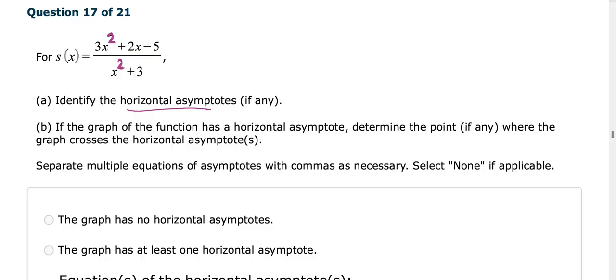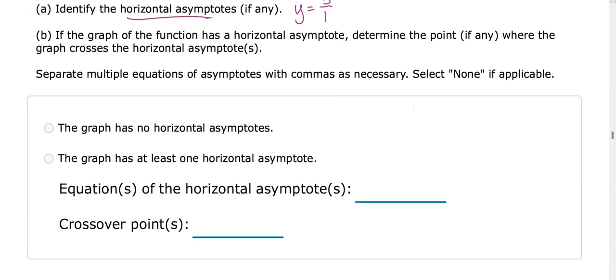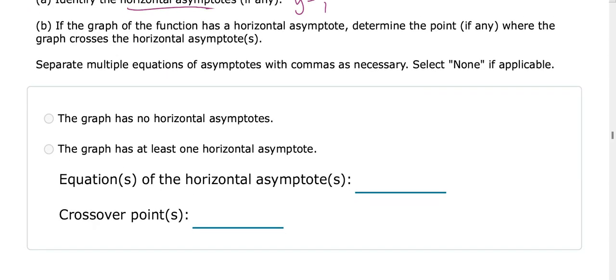So the horizontal asymptote is going to be y equals 3/1. Remember the ratio of the leading coefficients? So the graph has at least one horizontal asymptote, and the equation would be y equals 3. Now, if it has a horizontal asymptote, determine the point, or points, if any, where the graph crosses the asymptote.